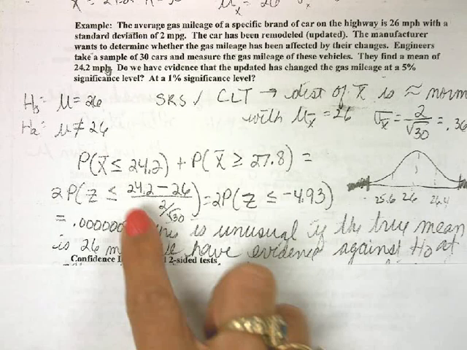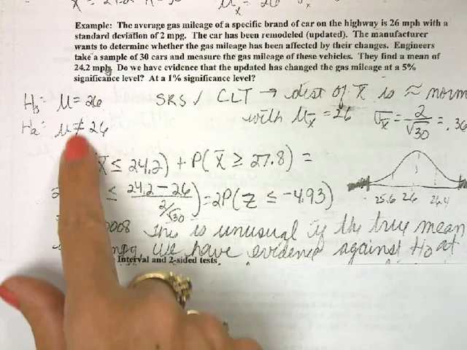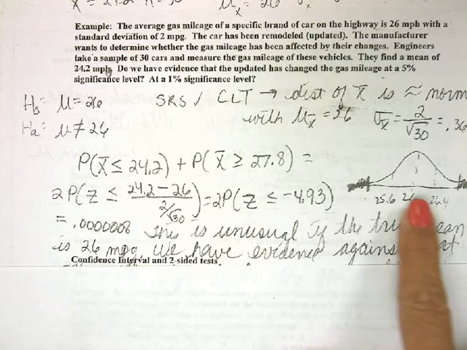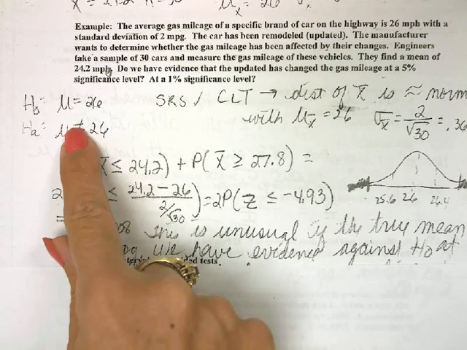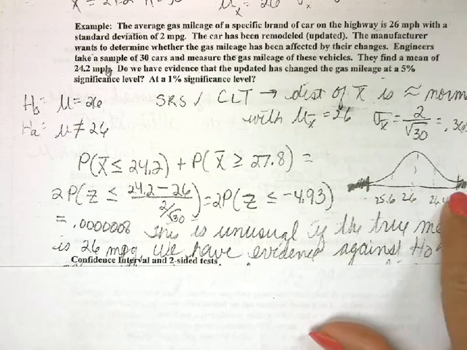So now I'm ready to go through and find my p-value. I have my hypotheses. I drew my picture. I look at what I got from my sample. And if it's a two-tailed test, which means, again, the not equal to, I'll actually be finding two tails.